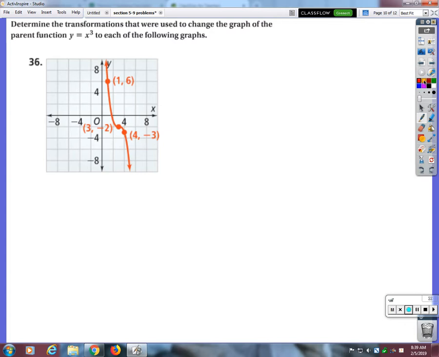All right, so same deal with this one. Okay, so this one has been flipped over the x-axis also because it's going up, down instead of down, up. So I need a negative there. How far has it been moved to the right?